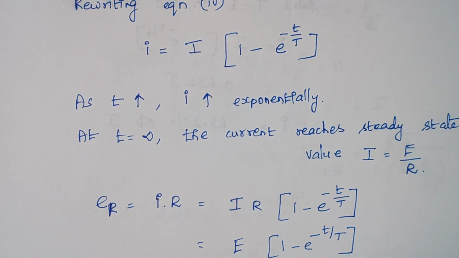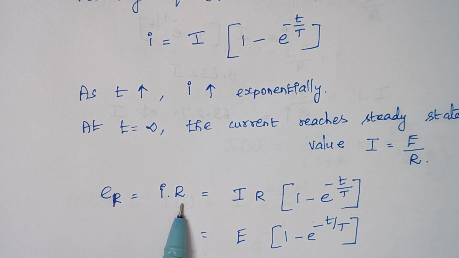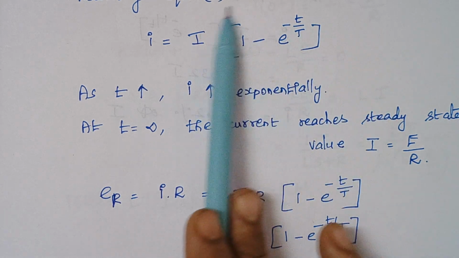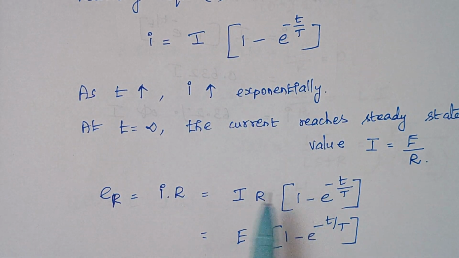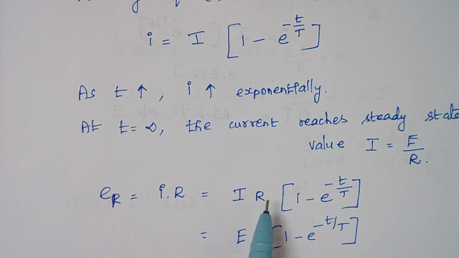So here voltage drop across resistor is given by I into R. So here the value of I is this expression. Just substitute here, write this R as such. Again I into R is nothing but your voltage. So here it is E into 1 minus e power minus small t by capital T.